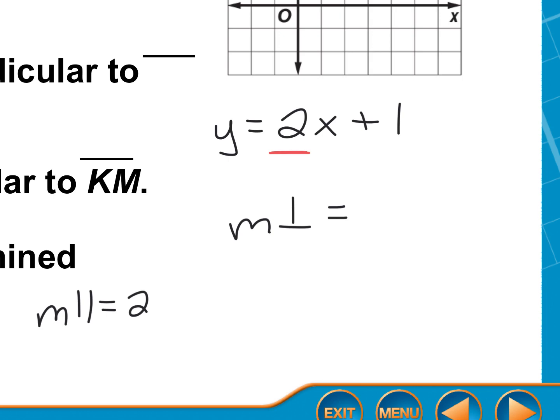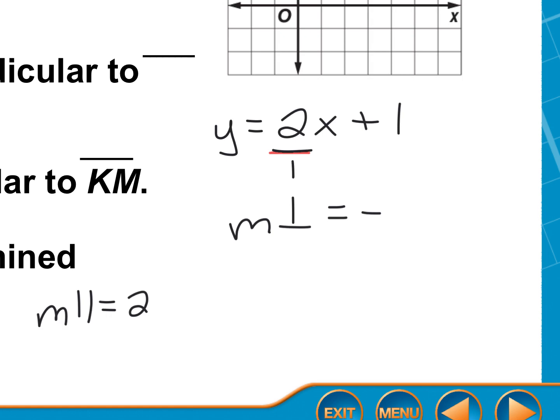So opposite, what does that mean? What does opposite mean? Like, what's the opposite of 2? Negative 2, okay? So we have positive 2, so we know the opposite is going to be negative. Okay, so you want opposite sign, okay? And then it wants reciprocal. What does reciprocal mean? Flipped, okay? So now think this is technically 2/1.